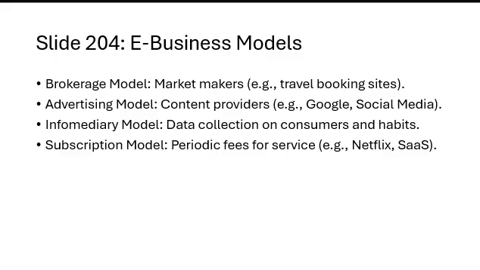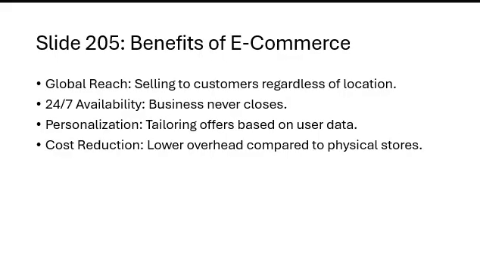The subscription model charges periodic fees for services. As you can see, each of the models supports different revenue generation strategies. So companies will choose the model based on the business objective, and the model will shape the customer experience and profitability outcome.